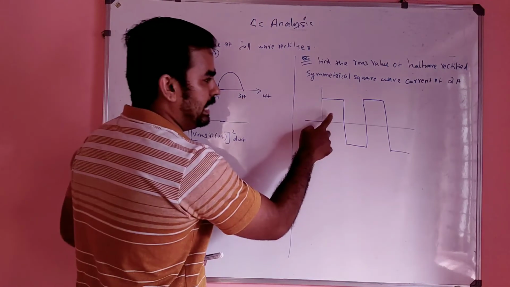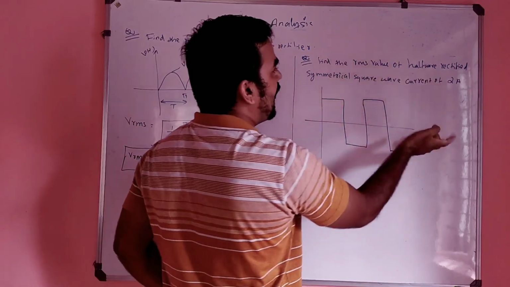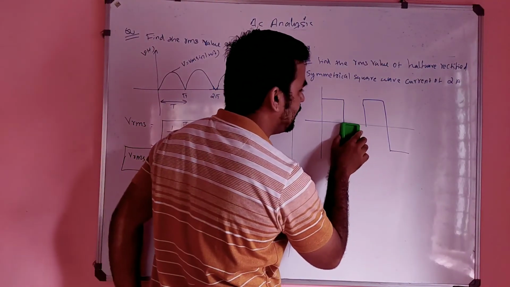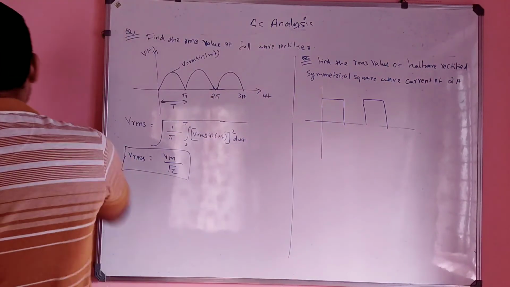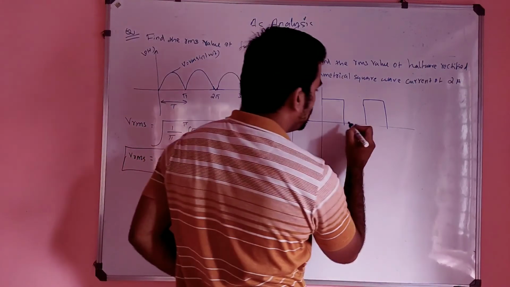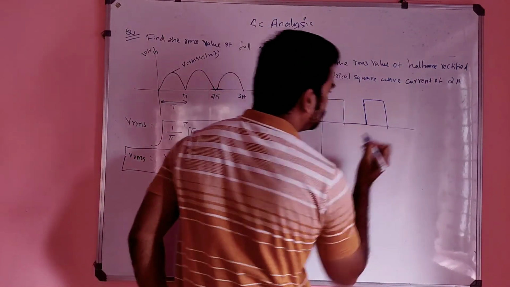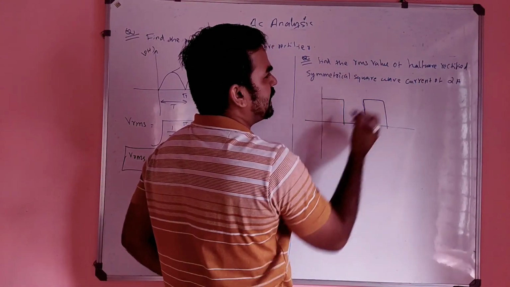Now find the RMS value of the half wave rectified one. Half wave rectified means there will not be any negative half cycle. That is the meaning of half wave rectified. You have to find the RMS value of the half wave rectified symmetrical square wave.